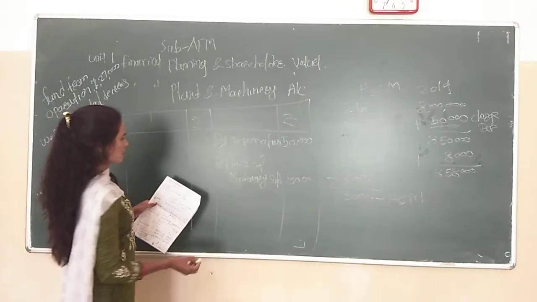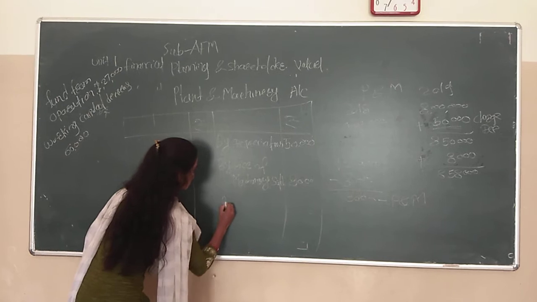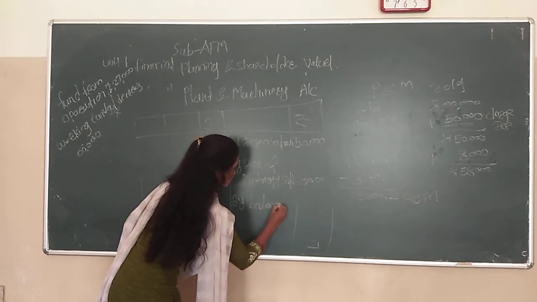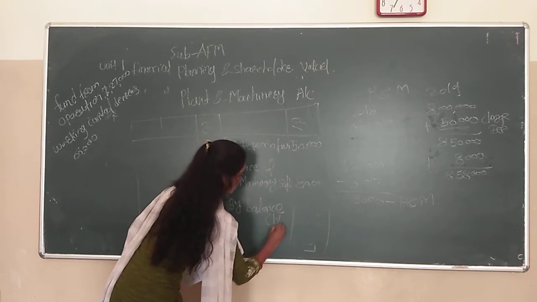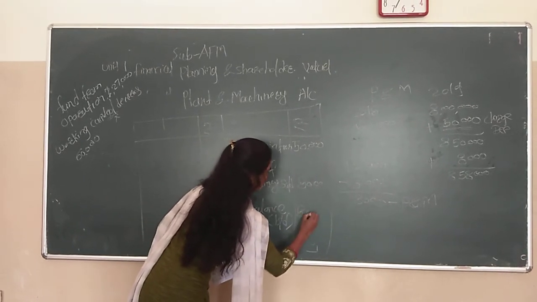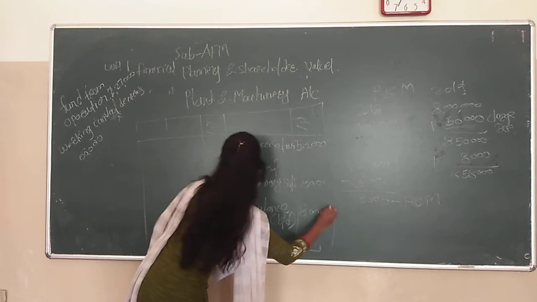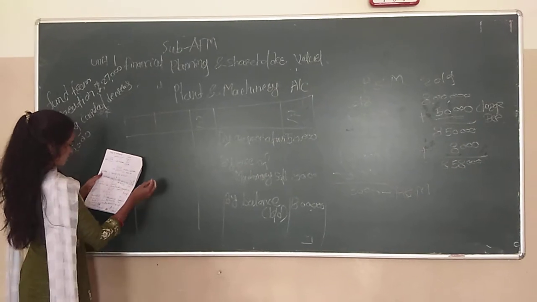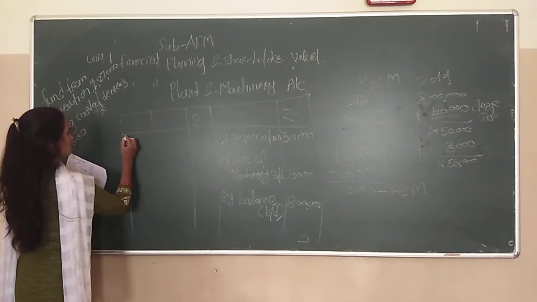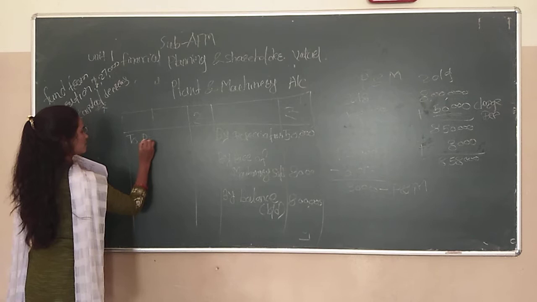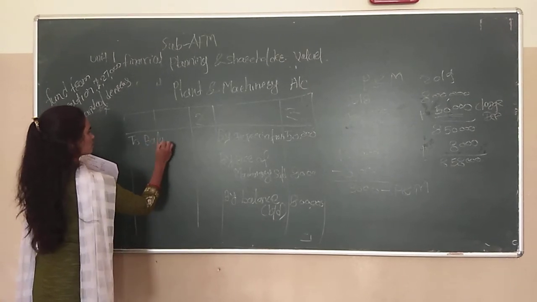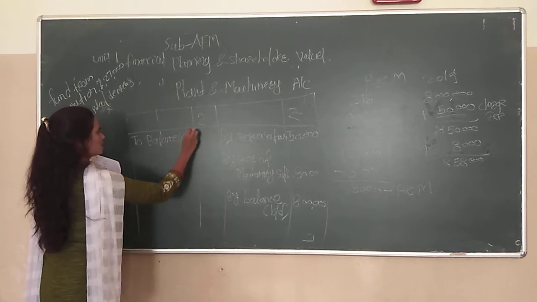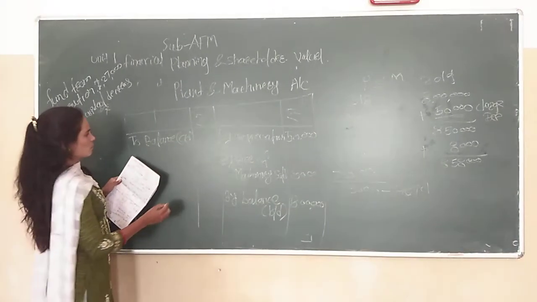Show the plant and machinery. By balance brought down 8 lakhs. Show the debit side. To balance carried down, show the balance sheet 2018, okay, 5 lakh.